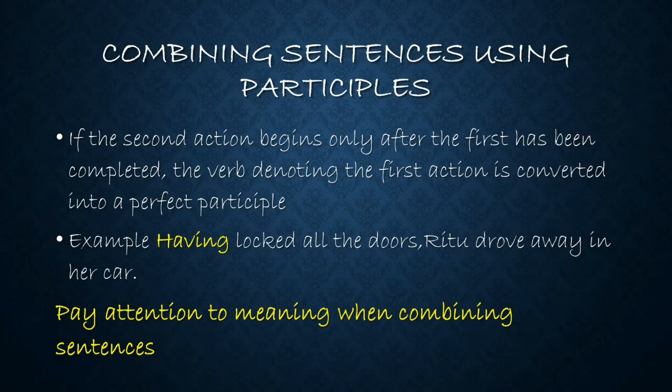So that is why we have put the first action that has already been completed before into the perfect participle form. You need to be very careful when you are combining sentences because we need to ensure that the meaning of the sentence does not change. There are some examples in your book which you need to refer to get this point more clear.